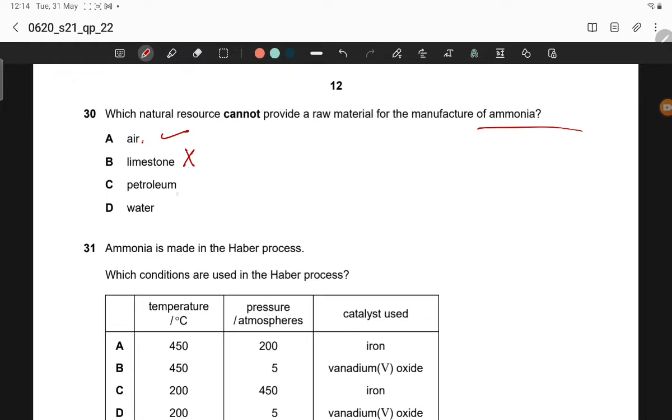Limestone is not used. Petroleum can be used because hydrogen is produced by cracking of petroleum, and by decomposition hydrogen is also produced. So this is incorrect. This is used and this cannot be used. So B is the correct option.